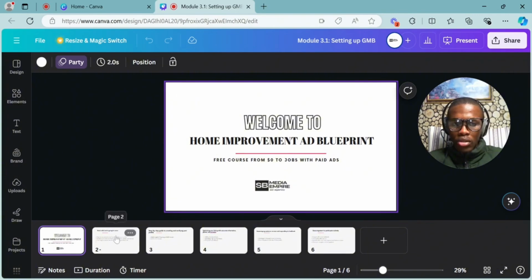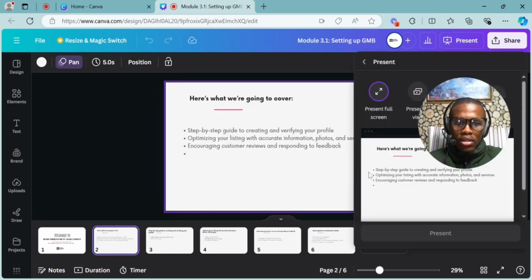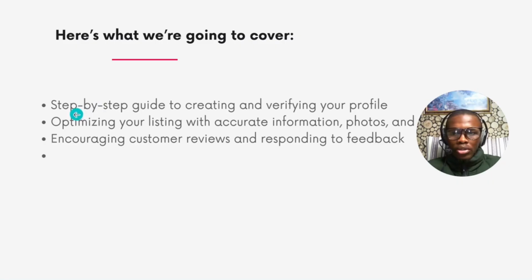So welcome guys to the Home Improvement Ad Blueprint. So basically what we are going to be covering in this video, let me just take it straight to the presenting screen. So we're going to cover a step-by-step guide to creating and verifying your profile, right, on Google My Business.